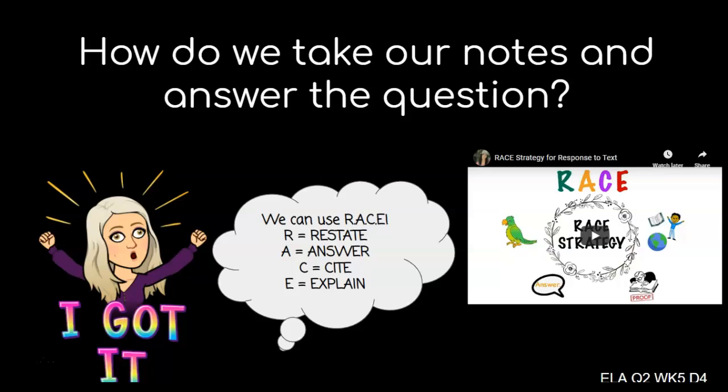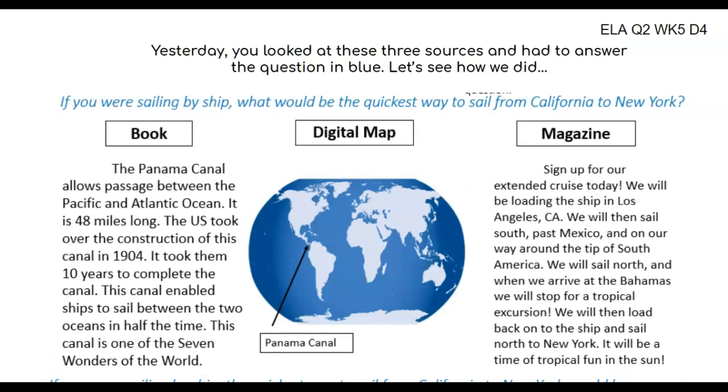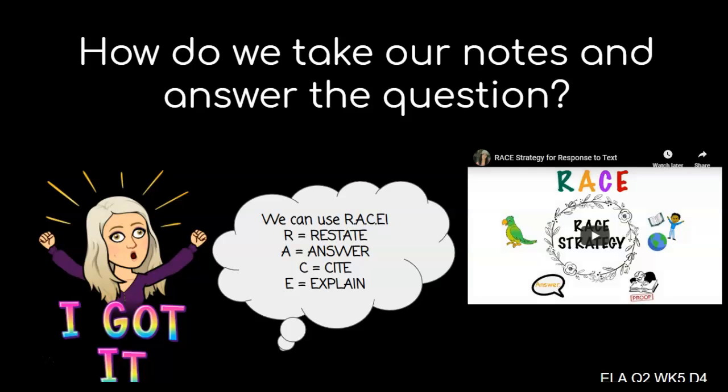C is where we cite our evidence. That's where we give credit to the source. And so if we were citing here the book, we would know the book title, or the digital map would have a title, or same thing with the magazine. Here it's just a general label of book. But if we are citing, we would give credit to whoever wrote that book, whoever wrote the article or drew or designed the map, by saying where we got this information from, because it was not exactly our words that we took and that we already knew.